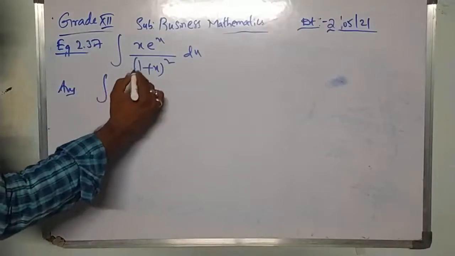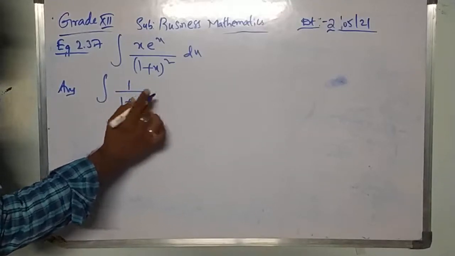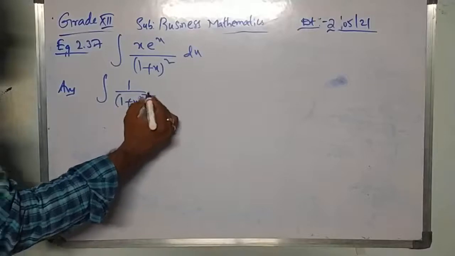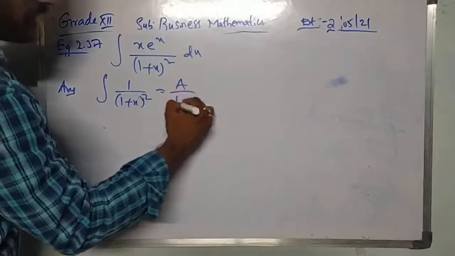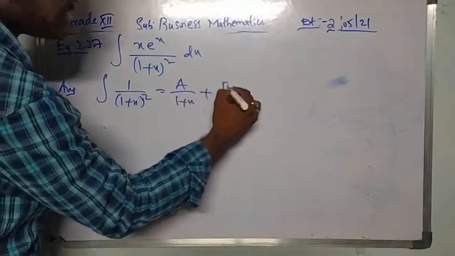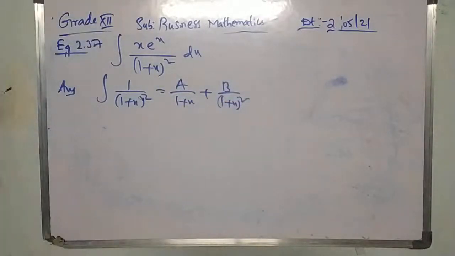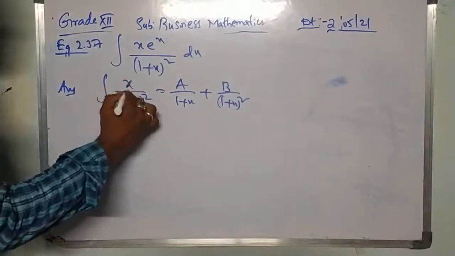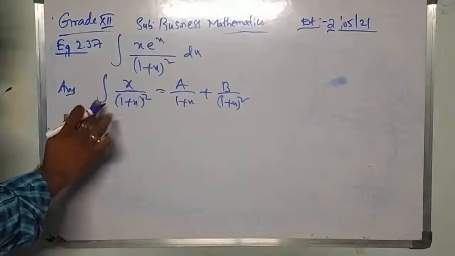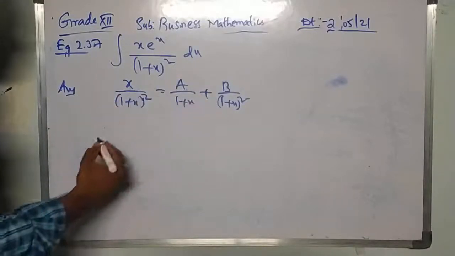So we write x by 1 plus x whole square as a by 1 plus x plus b by 1 plus x whole square. So first we are doing partial fractions.